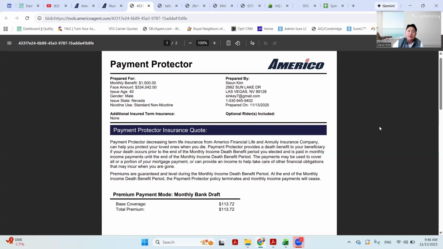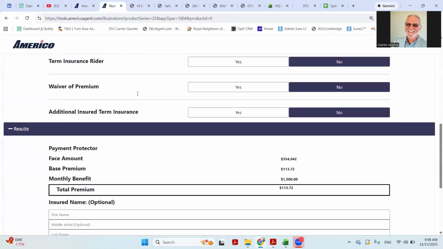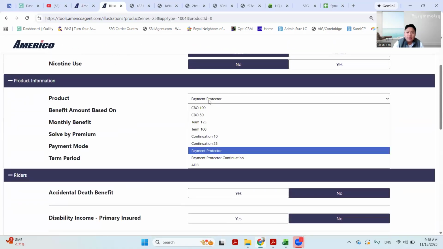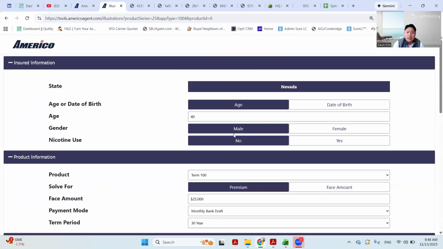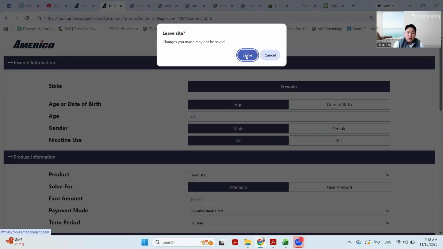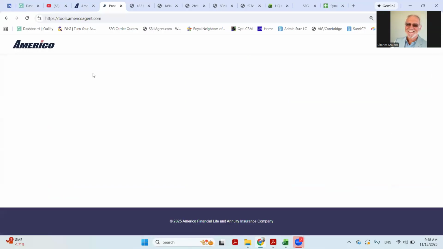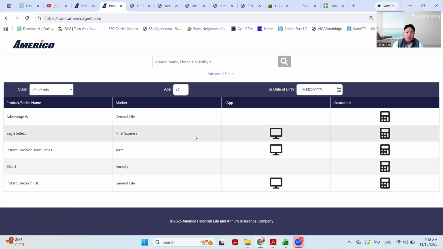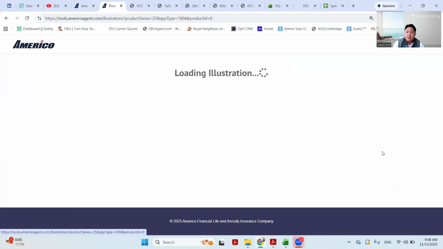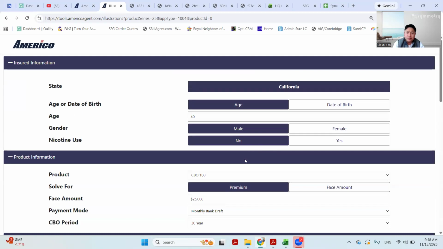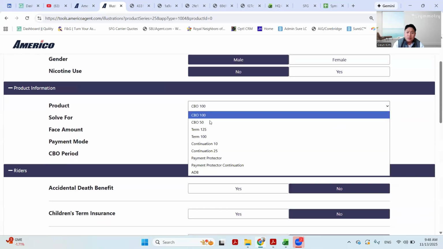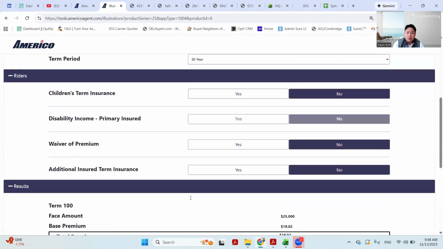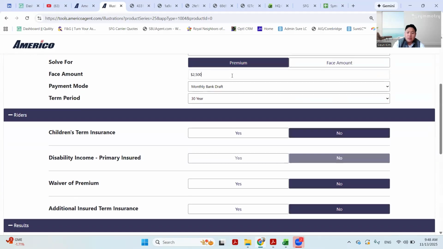Yeah, correct. But let me just go ahead and double check it for you. Term 100. Let's go to California and then put 40. Yeah, let's go to term 100 and do 300,000.